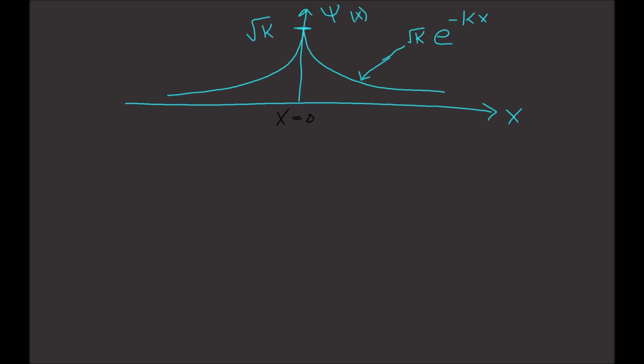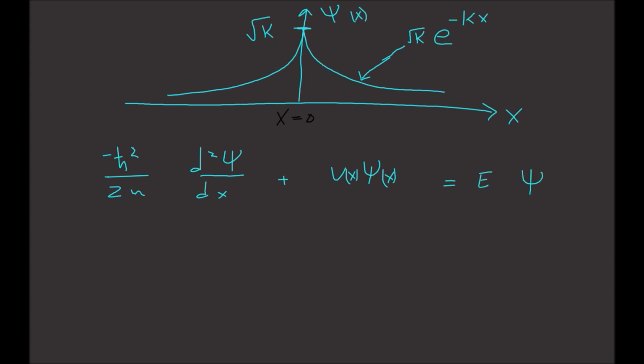So let's look at the second boundary condition, where the derivative of psi must be continuous, except at x equals 0. In order to look at this boundary condition, there is a trick. The trick is we have to integrate the Schrodinger equation. If you remember, it's minus h bar squared divided by 2m times the second derivative of psi with respect to x plus our potential function v of x times psi of x equals e times psi.